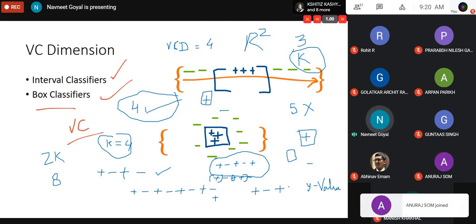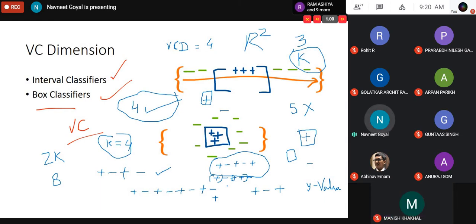If this is the case, can I have a box which has only positive points inside it and negative points outside it? You will see that you will not. So 3 points it cannot shatter.